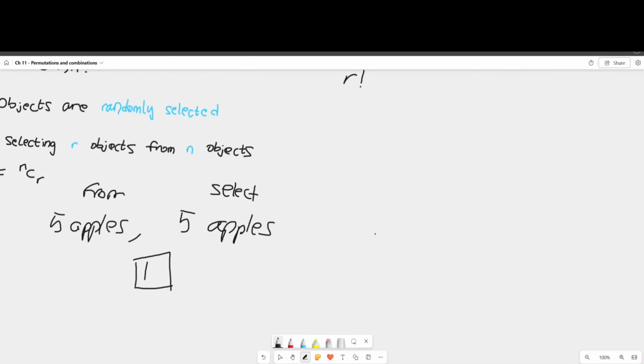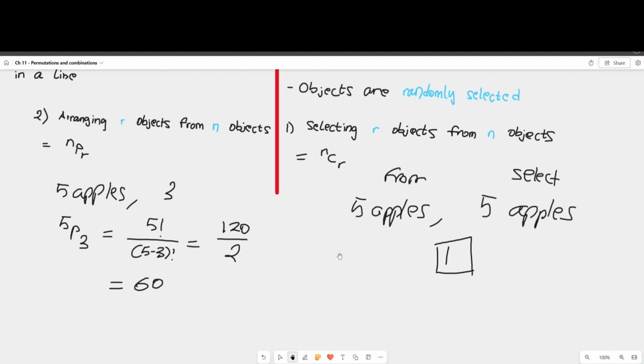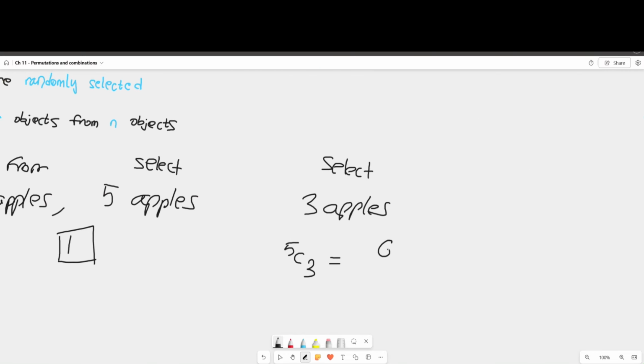But then if I tell you I want you to select only 3 apples from the 5, that becomes 5C3. We found 5P3 to be 60, and then we divide it by 3 factorial, which gives us 10.